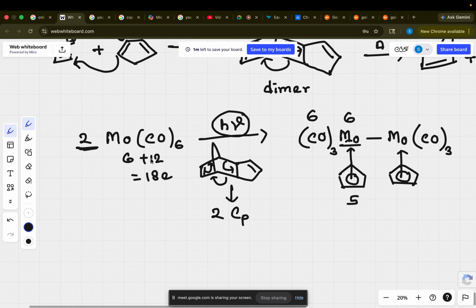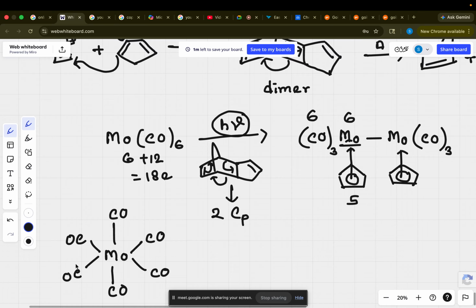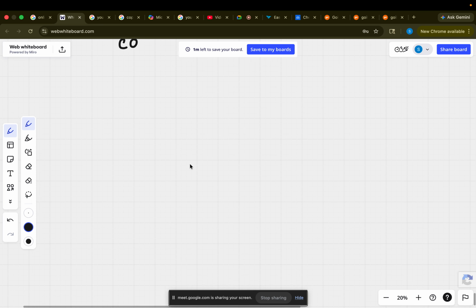This is an octahedral complex, Mo(CO)6. You are using 2 moles. Suppose I am using 1 mole, then you have molybdenum with 6 carbonyls like this, an octahedral complex. Now you are using 2 moles of this. That's it. Clear?